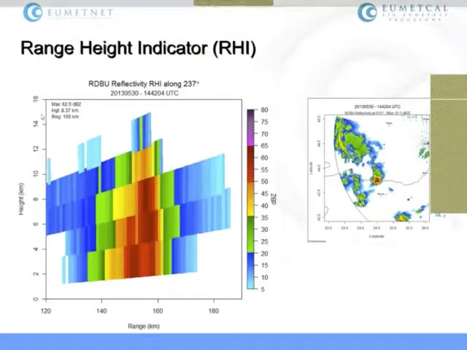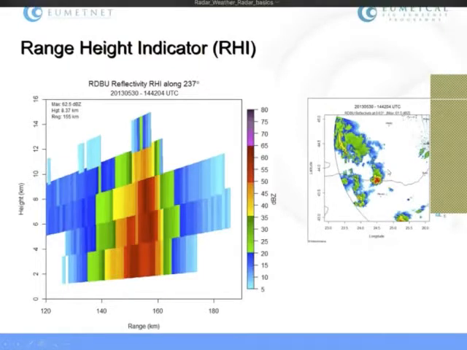Another way of displaying radar data is the range height indicator, which is actually a cross section. It is a vertical cross section through the clouds. Some weather radar systems can do this technically, so you can align the antenna on a certain azimuth, and after that the antenna moves, using the volume scan data. For example, if you are doing a cross section, here on the right side I have an image where you can see this very intense echo.